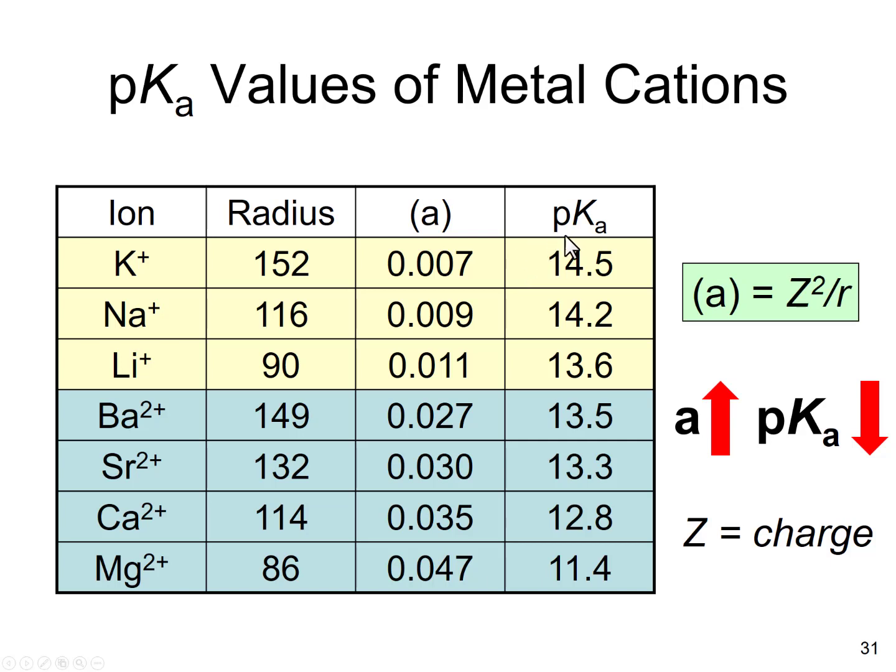And you can see that the pKa values of the group 1 metals are rather large. If you increase the charge, you can see the trend here is that it slightly drops the pKa values of these aqua acids. And the radius also plays a role because it's reflected in this particular value here. And so with smaller and more charged species, you actually have an efficient drop of the pKa value.